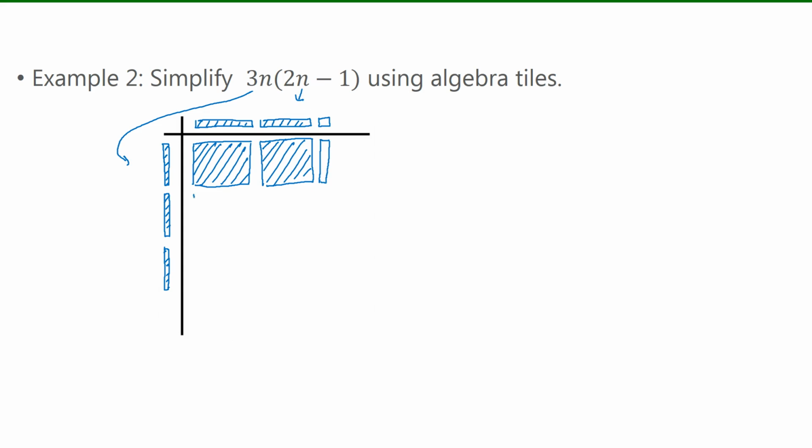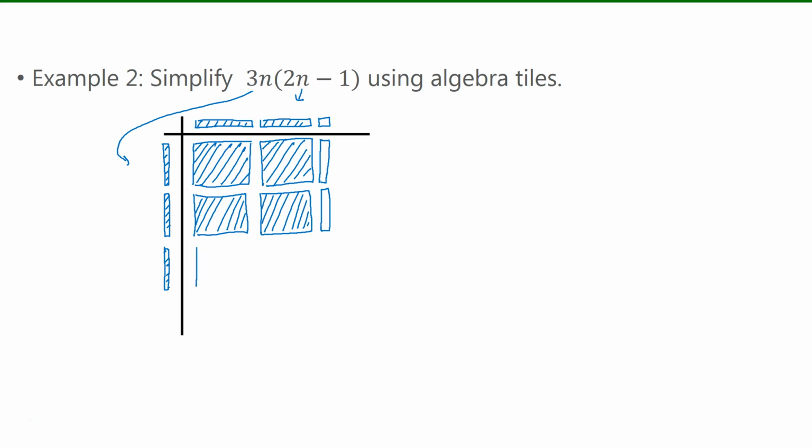Now below that, I'm multiplying once again an n tile with another n tile. So it's a positive n squared. Next to that, I'll have another positive n squared. And then an n times a negative 1 is again a negative n tile.